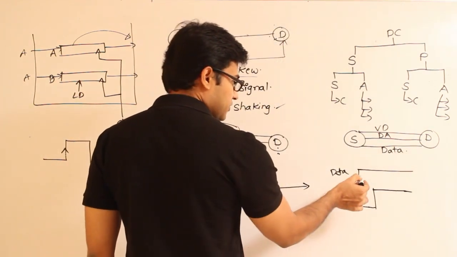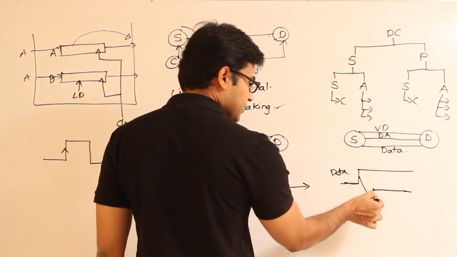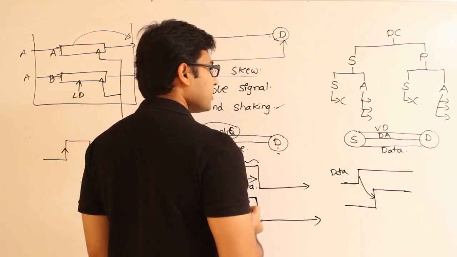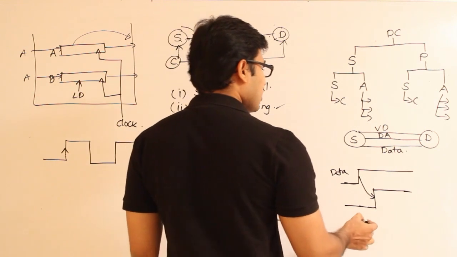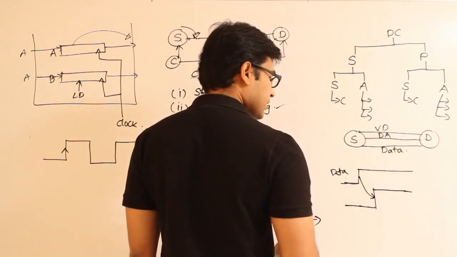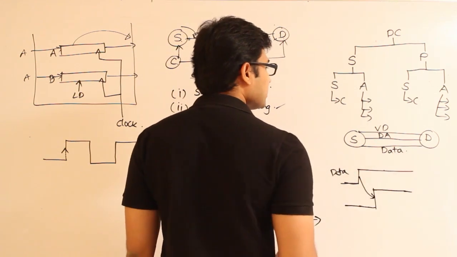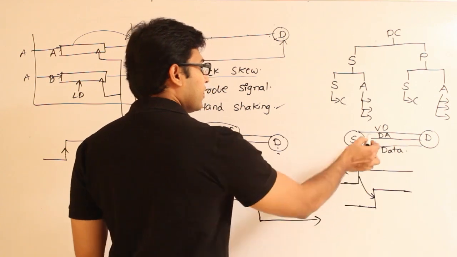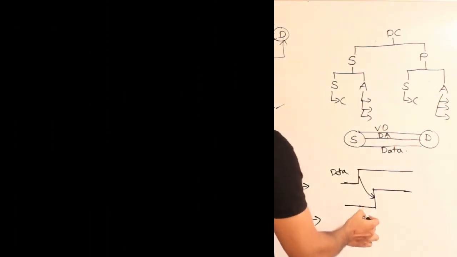Okay, so first we are going to put the data, and after placing the data, you are going to say that, yes, I have placed the data via valid data. And now our destination will read the data which is present in the data line, and it has to start the signal, yes, I have accepted the data. That is called the data acknowledgement line.